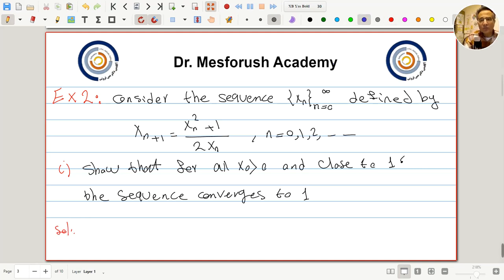If we want to solve this kind of problem, you should just let the limit of x_n, n goes to infinity, be equal to x. Then take the limit of both sides.